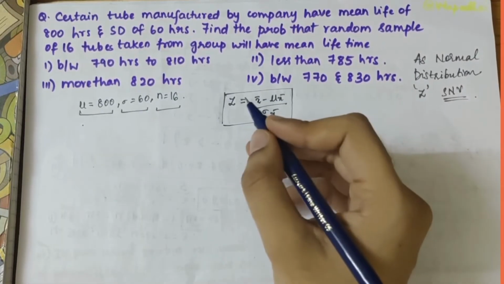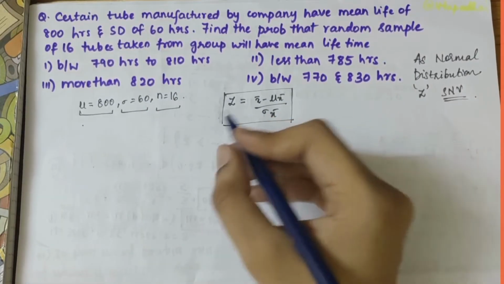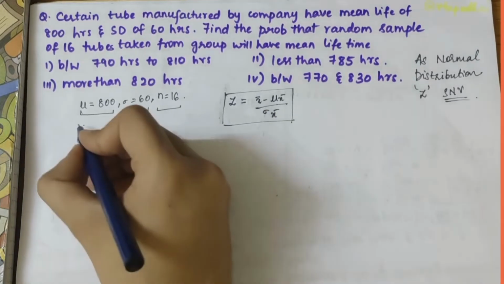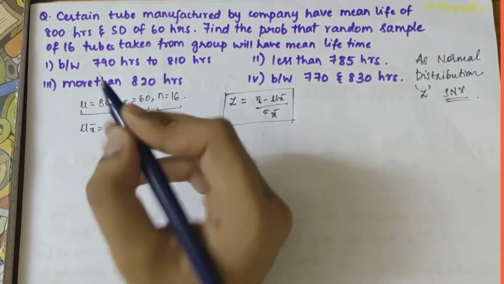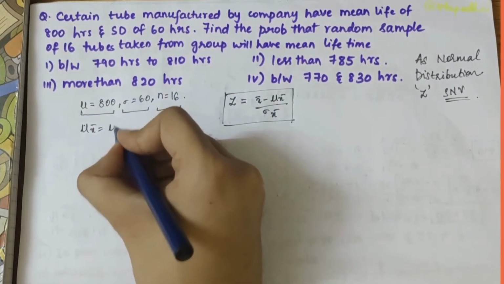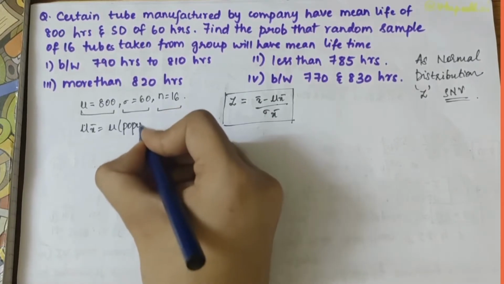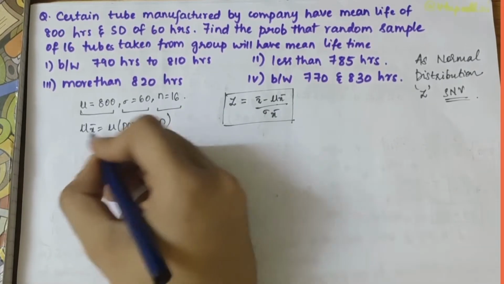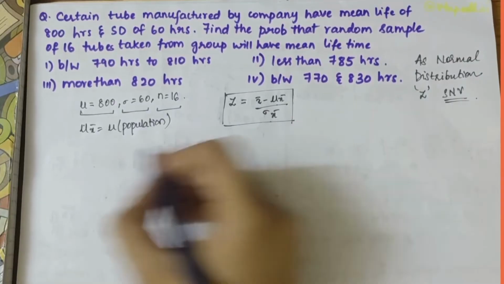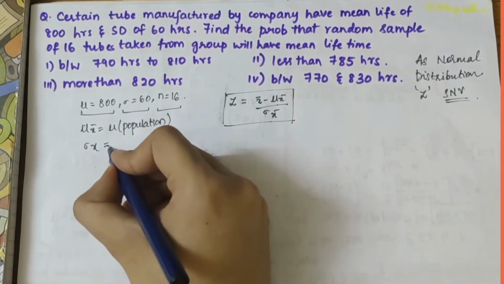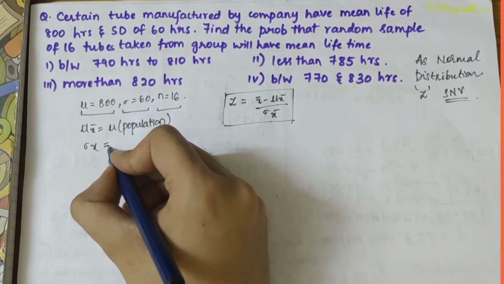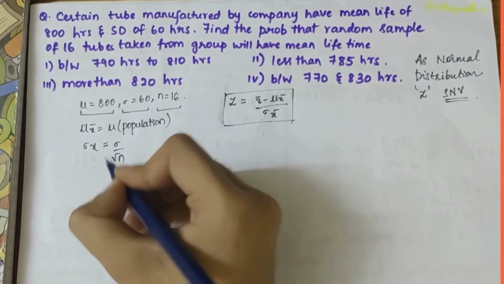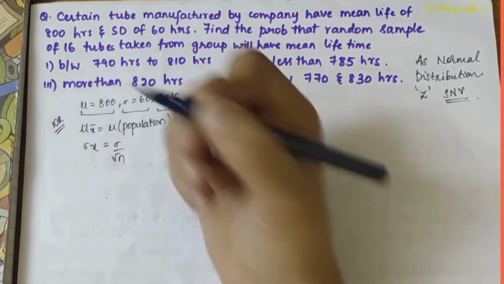Here x bar value we don't know, mu of x bar value we can find out. Mu of x bar, that is the mean of the given sample, is equal to the mean of the population, which is 800. And sigma of x bar we can write, as we know the formula, as sigma by root n. This is assuming that it is with replacement.